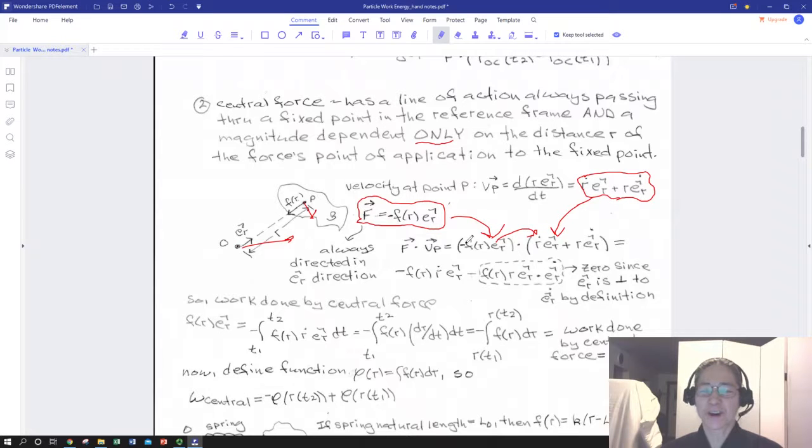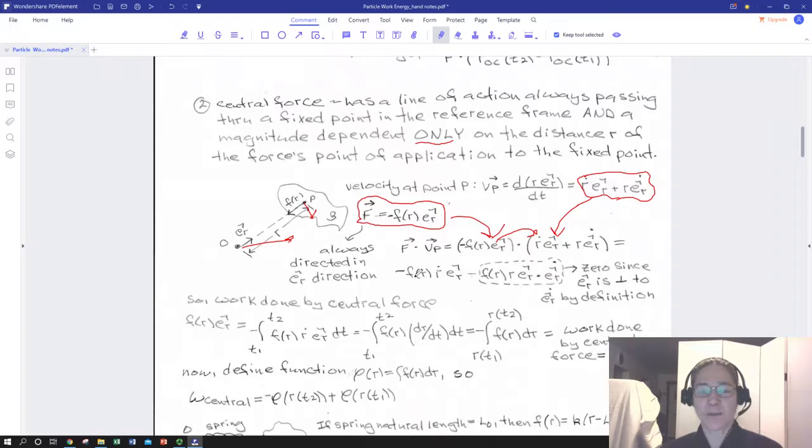We're going to start with our function of a radius times, or in the direction of, our r hat vector, which is our force, dotted into our r dot in that same direction. So something dotted into something going in the same direction, we take the whole magnitude of both.